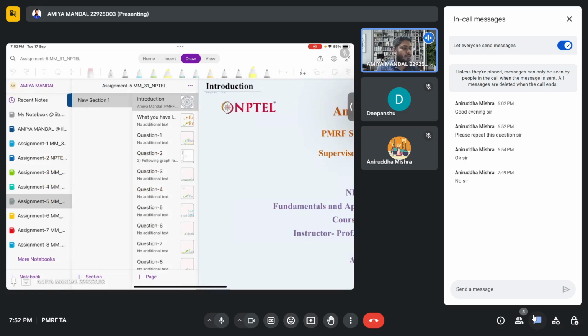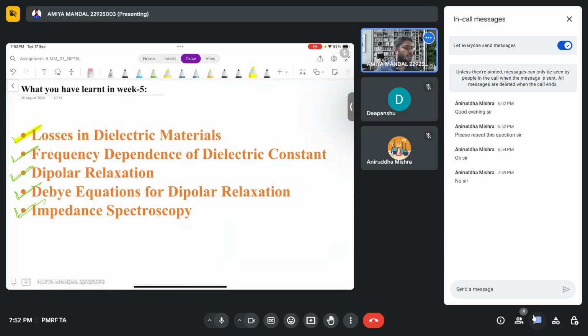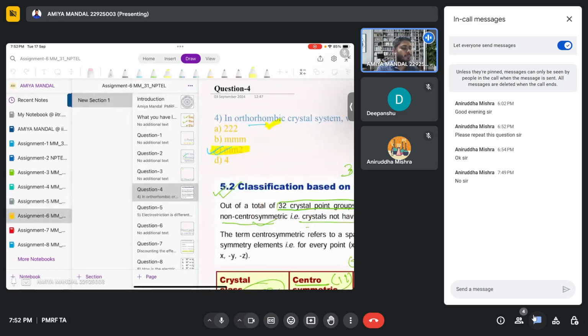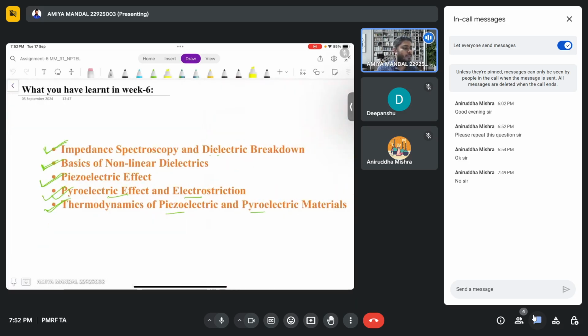In week 5, you learned about losses in dielectric materials, frequency dependence of the dielectric constant, dipolar relaxation, Debye equations for dipolar relaxation, and impedance spectroscopy. In week 6, you also learned about impedance spectroscopy, dielectric breakdown, basics of nonlinear dielectrics, the piezoelectric effect, the pyroelectric effect, different types of effects and their correlations, and thermodynamics of piezoelectric and pyroelectric effects.